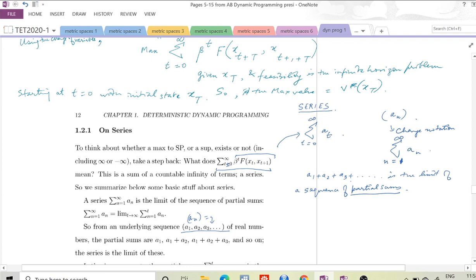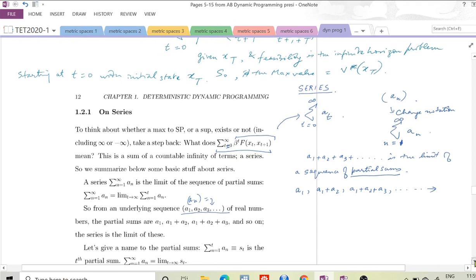I look at this series and say, look, my first partial sum is just A1. My second partial sum is the addition of A1 and A2. My third partial sum is the addition of A1, A2, and A3, and so forth. So if this has a limit, we'll represent that limit as this infinite summation, A1 plus A2 plus A3, etc. Okay.